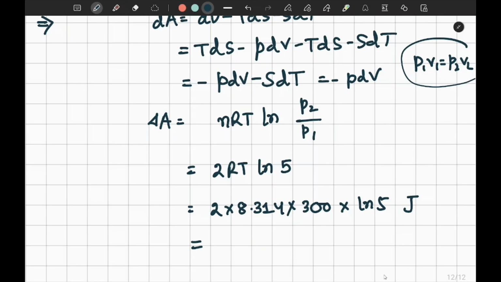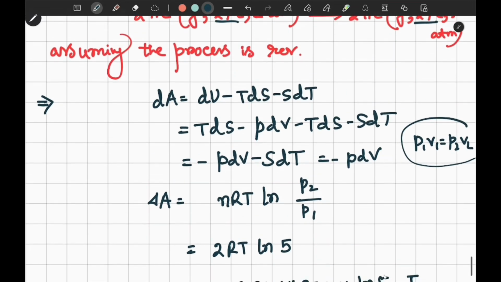It is 2 into... okay. So this is our change in Helmholtz free energy.